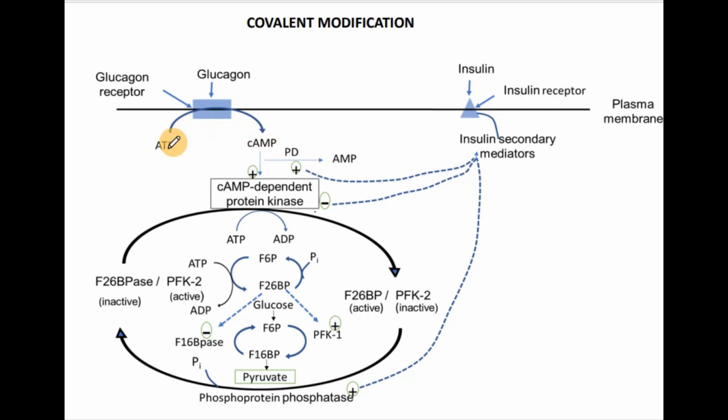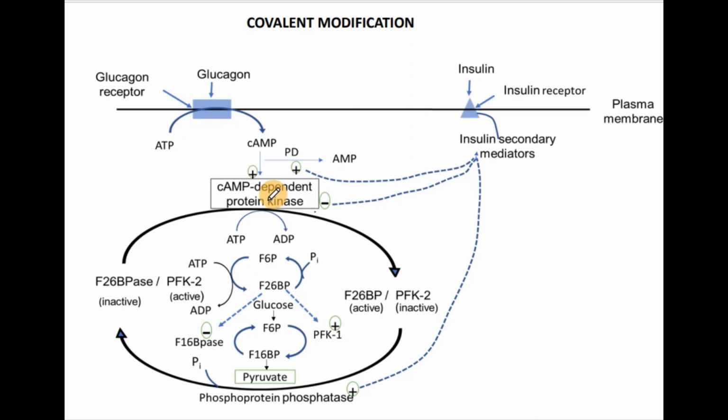When glucagon binds the glucagon receptors on the cell surface, it activates adenylate cyclase, which converts ATP to cyclic AMP. Now, cyclic AMP is a positive allosteric activator of an enzyme called cyclic AMP dependent protein kinase.